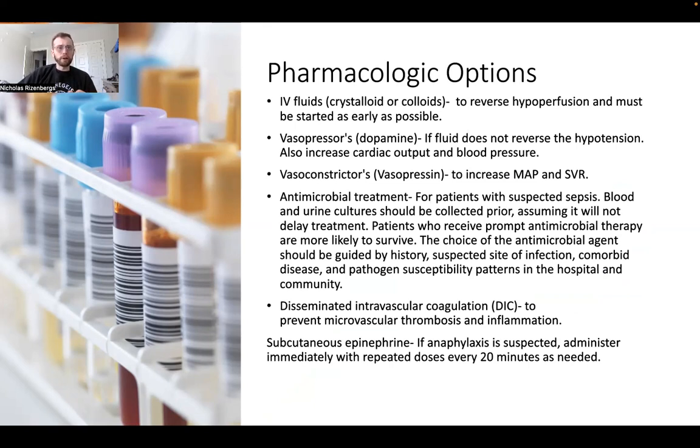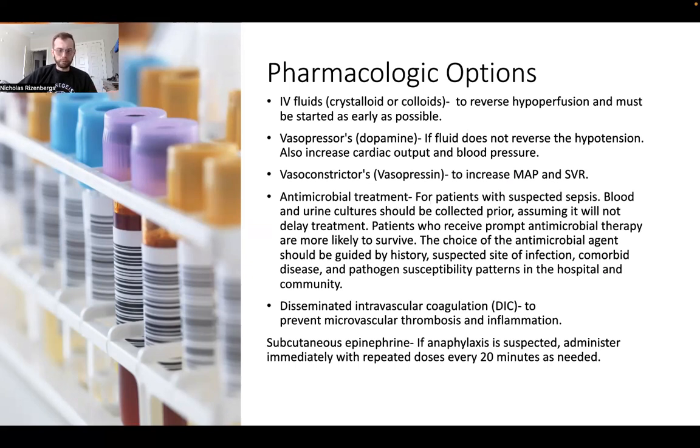That way you can help with either if they have that decreased blood pressure, lack of fluid moving around, or to flush out any infection and things. Vasopressors like dopamine, if fluid does not reverse the hypotension, you'll need that also to increase their cardiac output and blood pressure. Vasoconstrictors or vasopressin to increase the mean arterial pressure and the SVR.